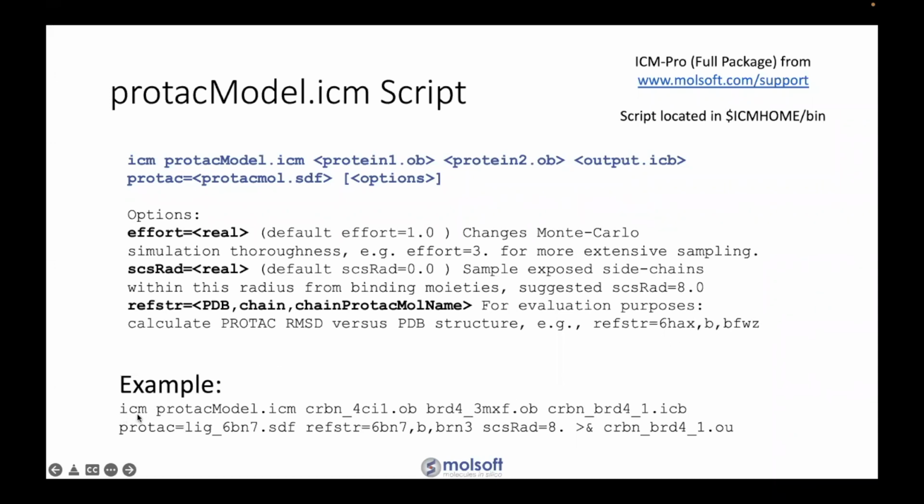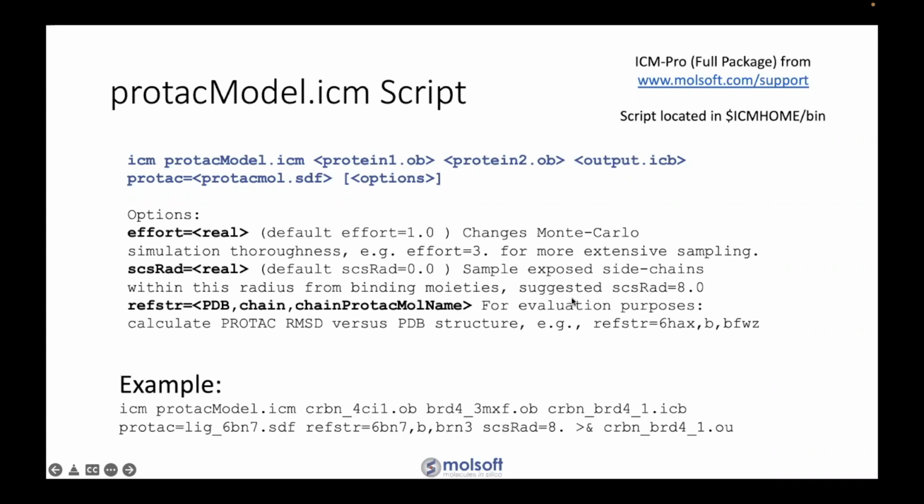So in our example, this should be one single line. You would call ICM, call the script. Here we have the Cereblon 4CI1 object. Here we have the Bromodomain 3MXF object. Here we have our output file, which can be called anything you want. PROTAC equals this ligand in SDF format. We are comparing our results to the complex of Cereblon and the Bromodomain, which has PDB code 6BN7, the B chain and the PROTAC.